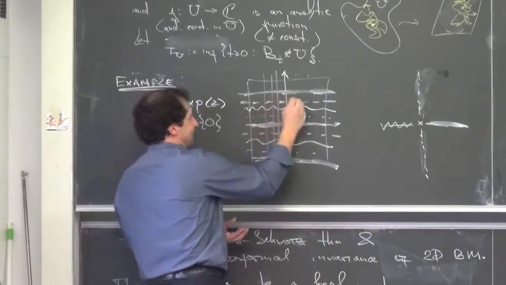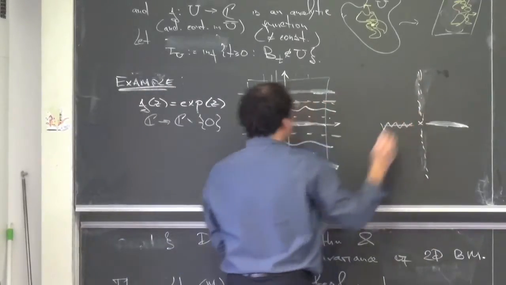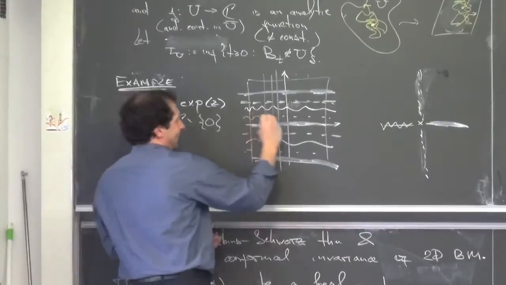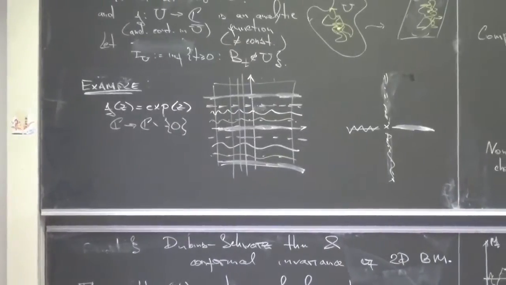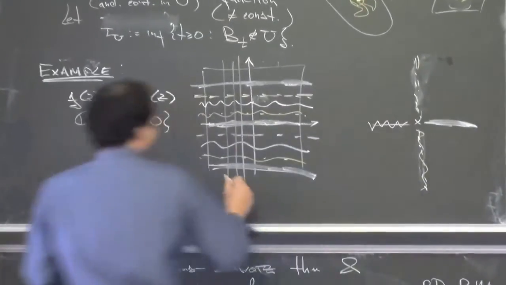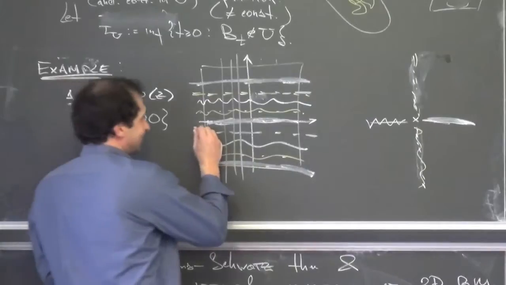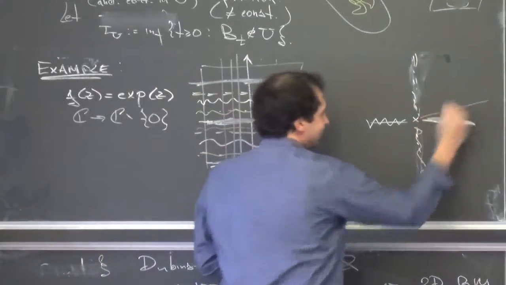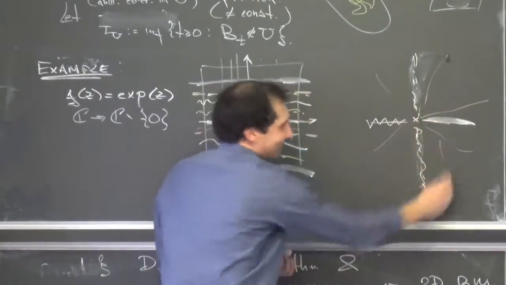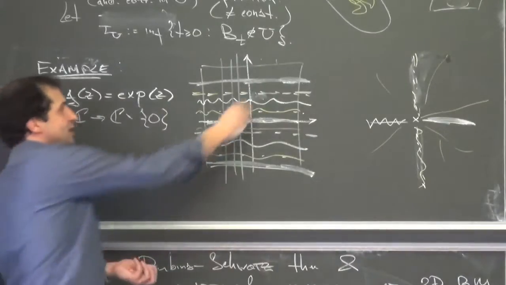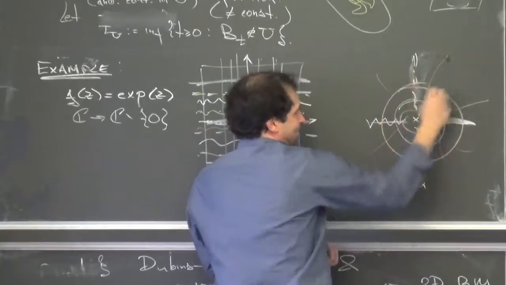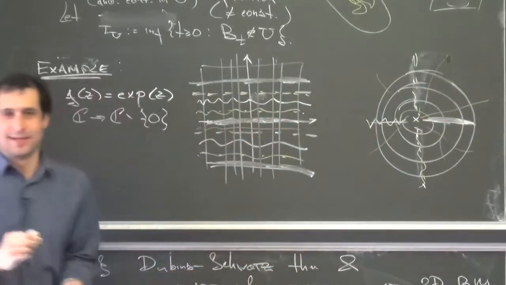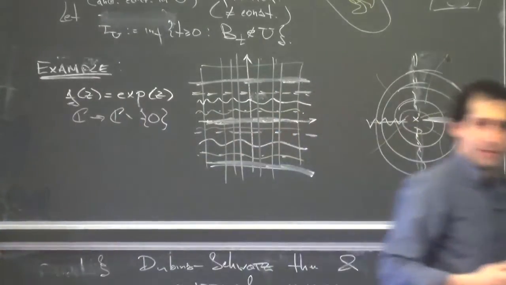Maybe it's better to use colors, to make it more impressionistic in style. And the vertical lines on the left are now circles. That's how this conformal mapping works.